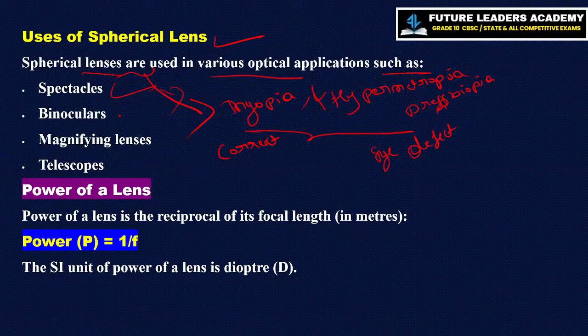Okay, we will use the lenses to correct them. So then next one is binoculars. And magnifying glass, most important. Magnifying glass, you have all used it. Okay, and this will be a lens, where for the magnifying glass we will use it.